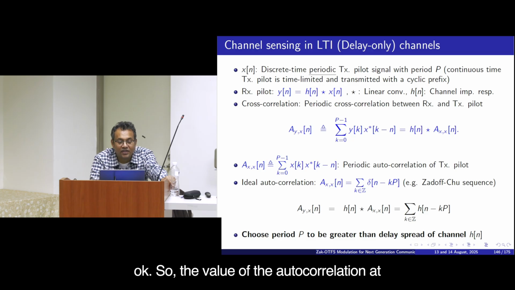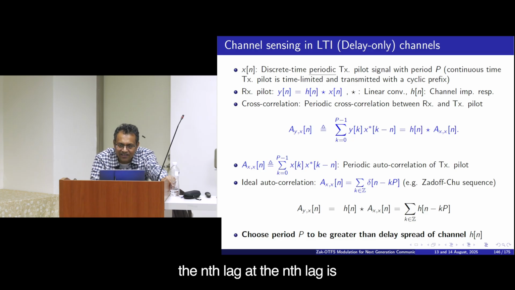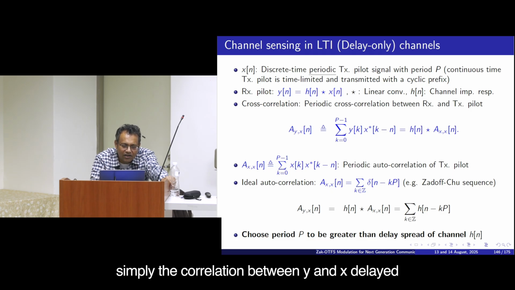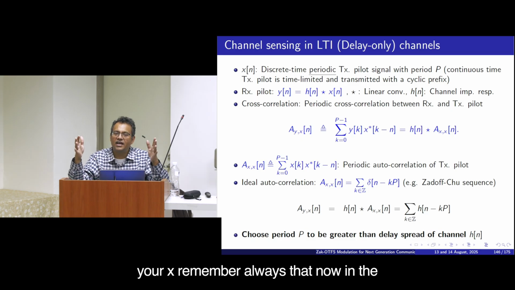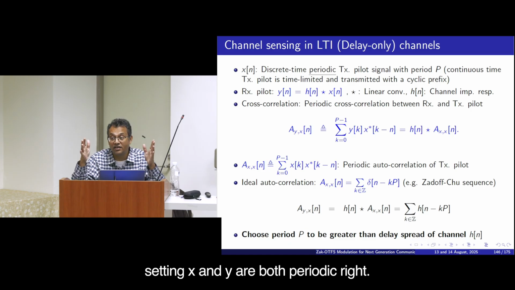Okay. So, the value of the autocorrelation at the nth lag is simply the correlation between y and x delayed by n samples, right. So, you take your x, remember always that in this setting x and y are both periodic, right.